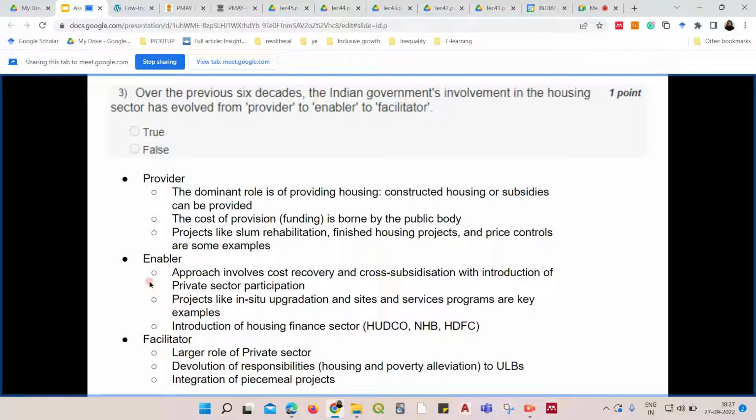That is high income group and medium income group housing. For those housing, the cost of housing is more than usual, and that is for the private player to get profit from, and the profit which comes from that housing is then used to subsidize the housing for EWS and LIG.